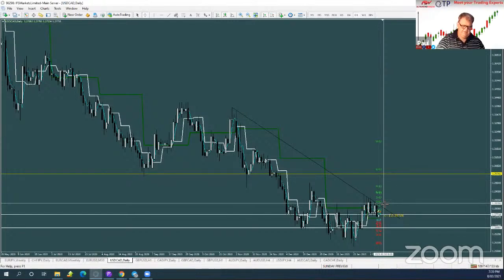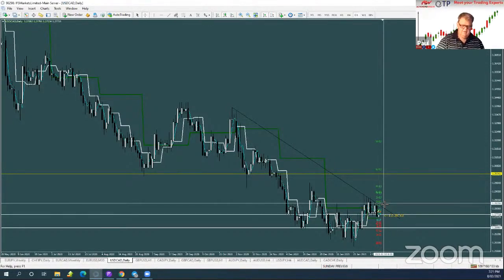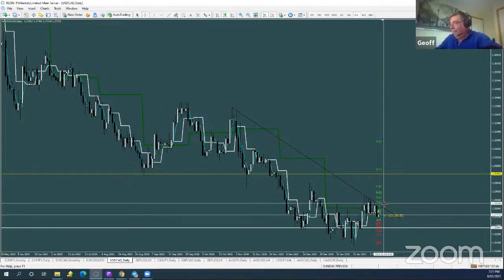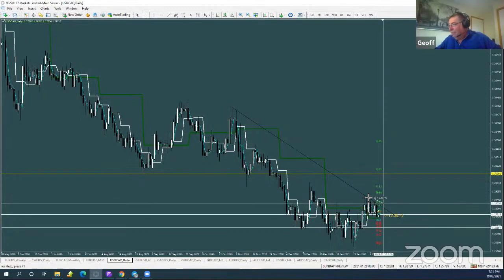Buy USD CAD at 1.2835. Stop loss 1.2744. TP1 1.2877.